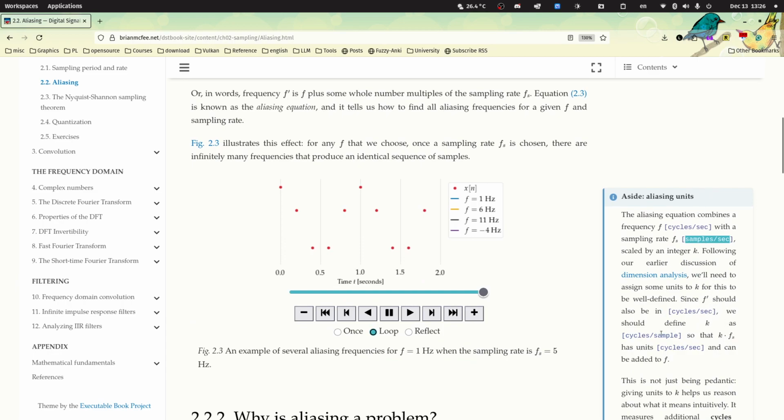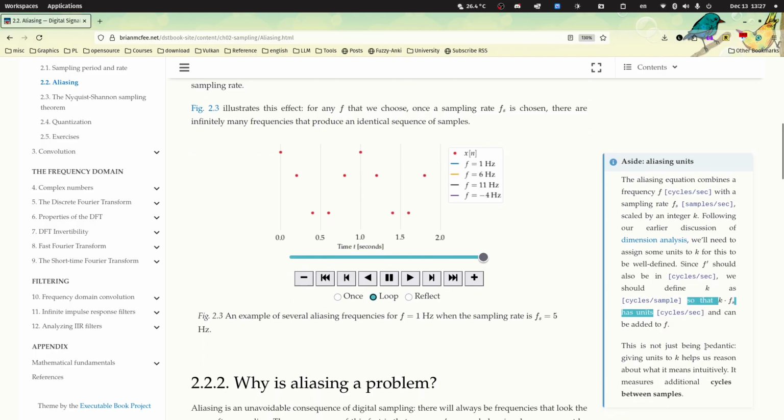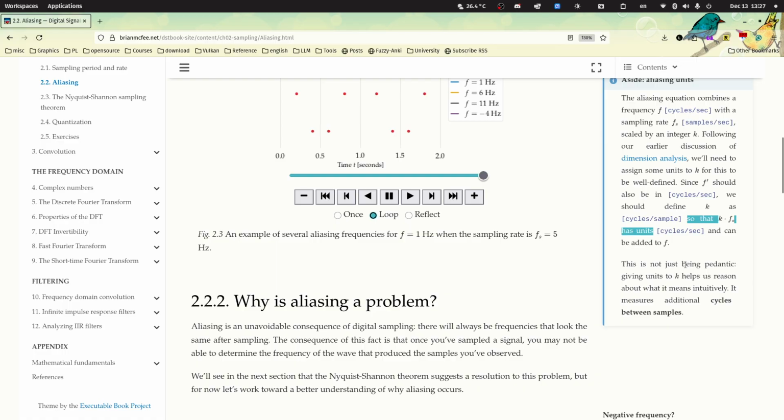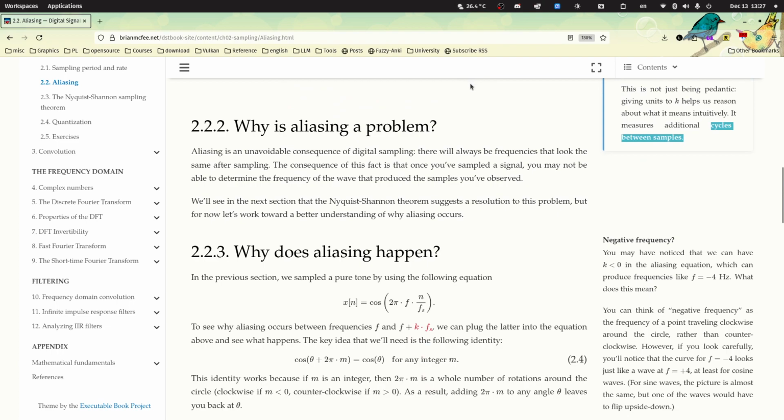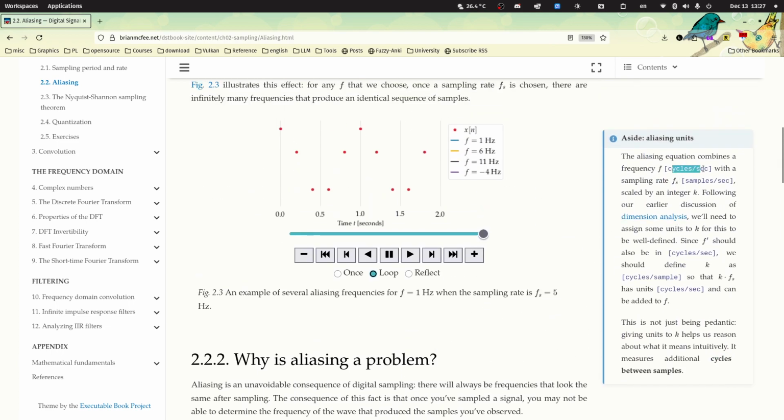We should define k as cycles per sample, so that k times fs has units of cycles per second. Giving a unit to k helps us reason about what it means intuitively: it measures additional cycles between samples. That's a good point. If we just treat both of these as hertz, then we lose this paragraph basically.